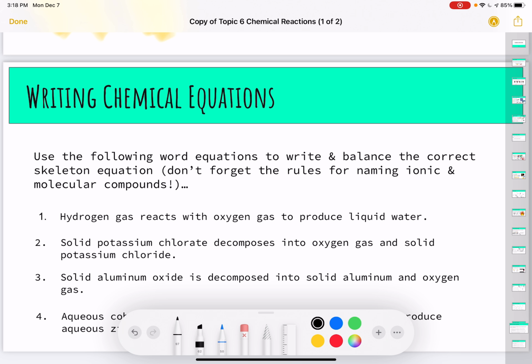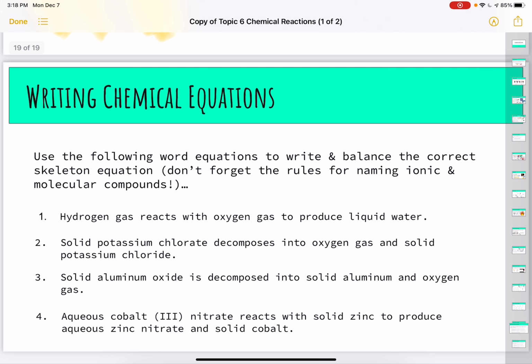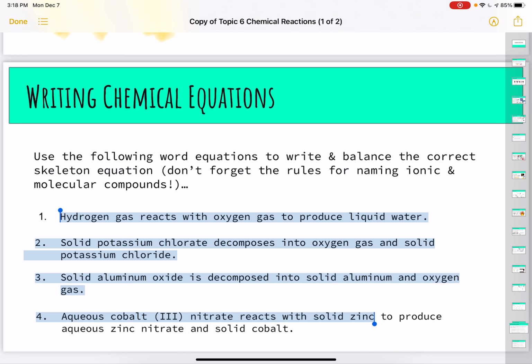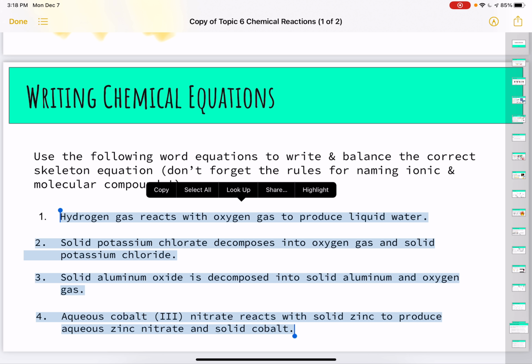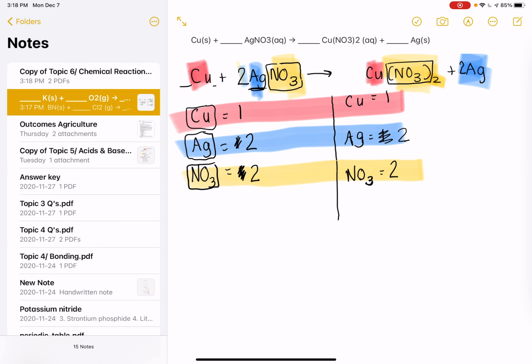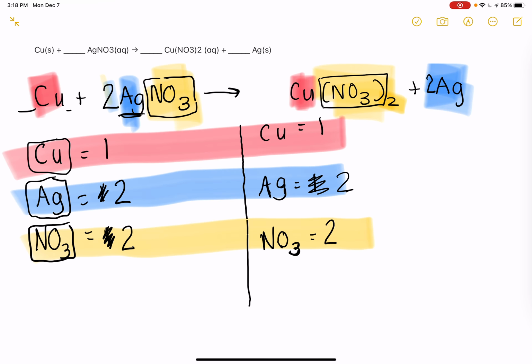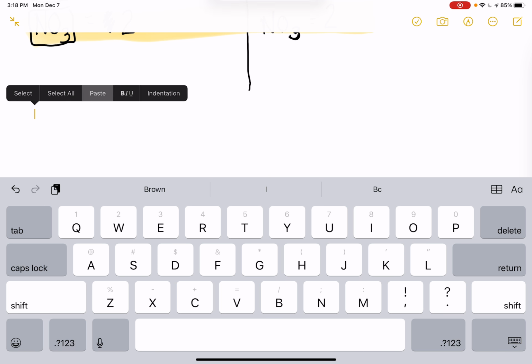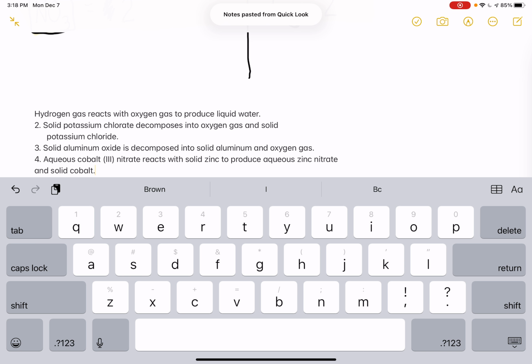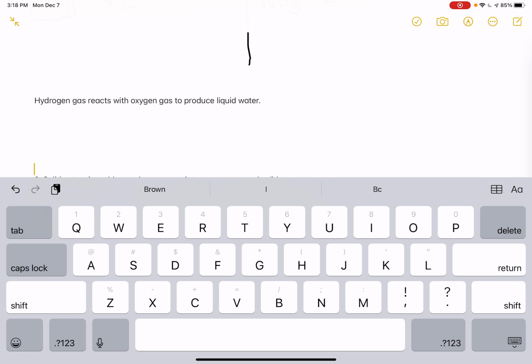I'm going to take all of this to a note because we are going to need some space to balance. So whenever you're doing this, I would definitely suggest you do it on paper.